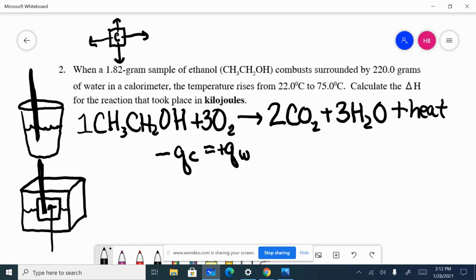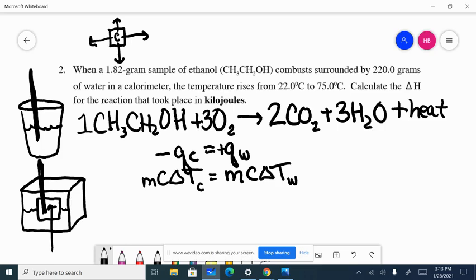So you can do MCAT for the combustion reaction, and you can do MCAT for the water. So what we're looking for is the amount of heat. So we don't need to necessarily know anything more about the propane.